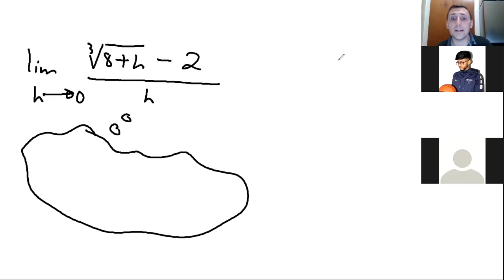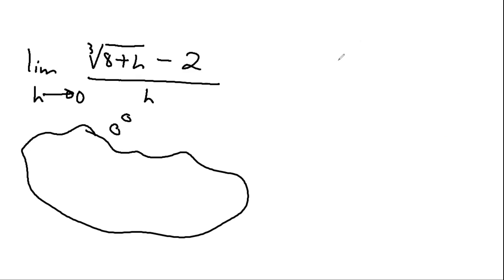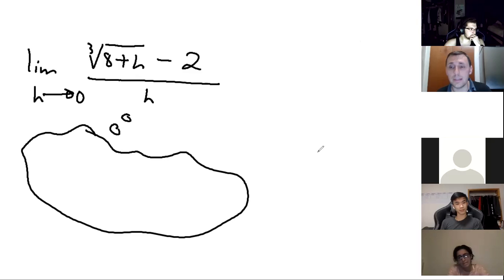Before you answer this question, I want to hear something else. Somebody already said it's the derivative. Do you all see it's the derivative? Doesn't it look like the derivative? Alisa? Kind of.